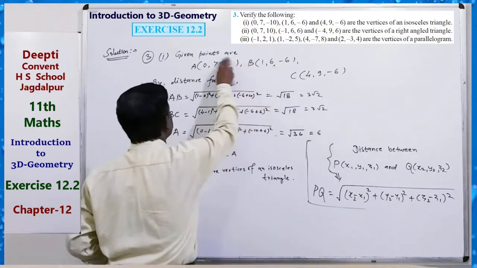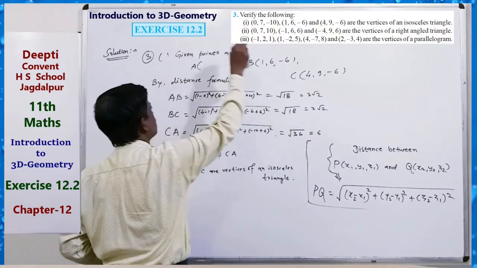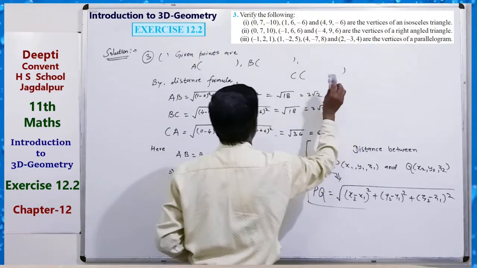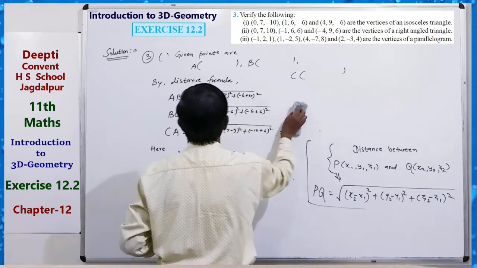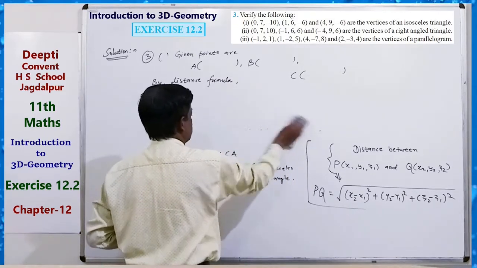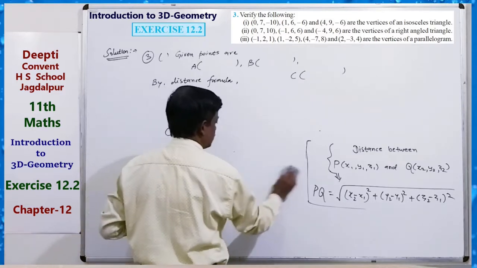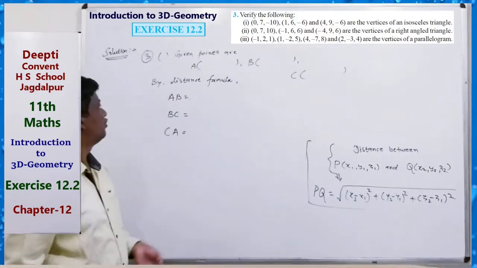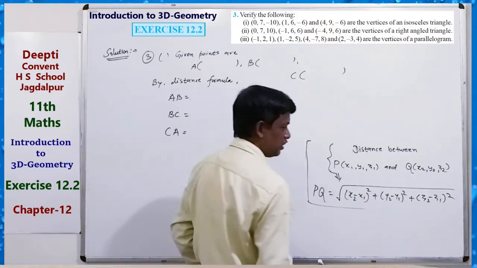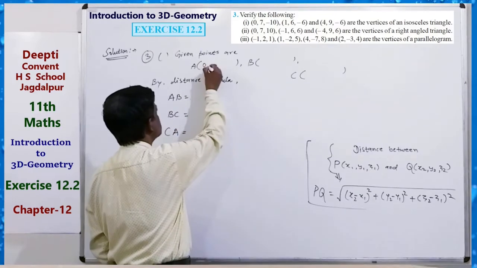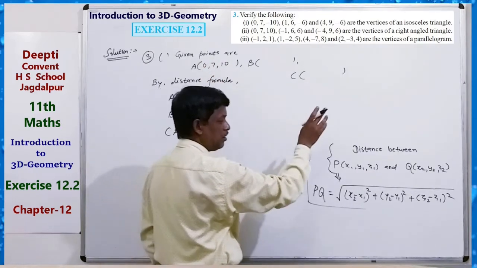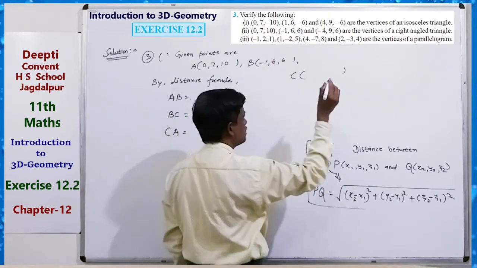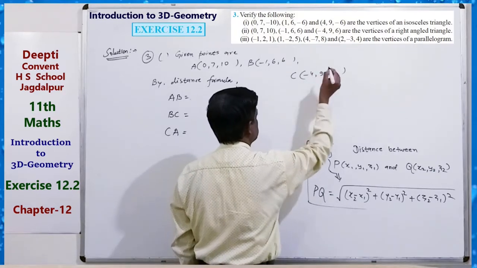The points A, B, C are given: (0, 7, -10), (-1, 6, -6), and (-4, 9, -6).